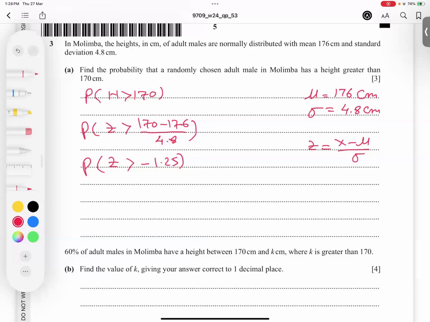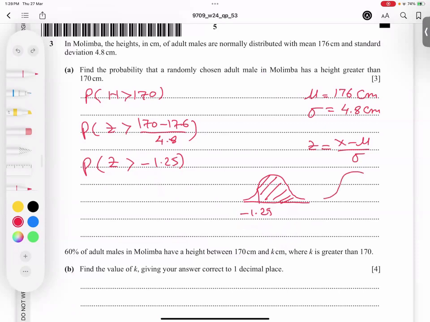But students, we have two possibilities here. Negative 1.25 is on the left side, positive is on the right side. Negative values are not in the table.